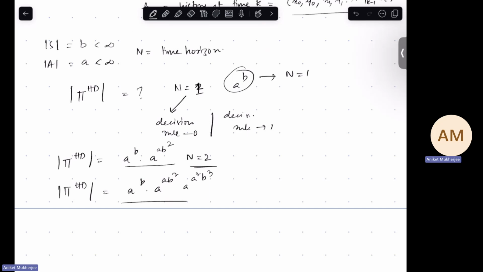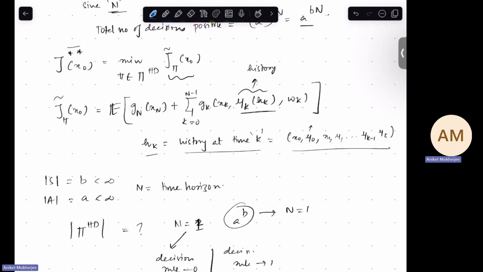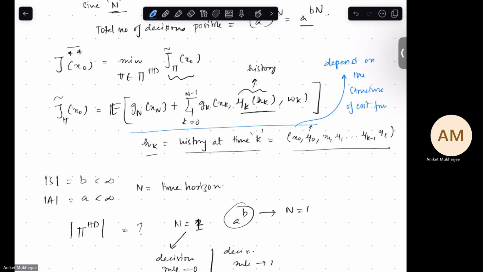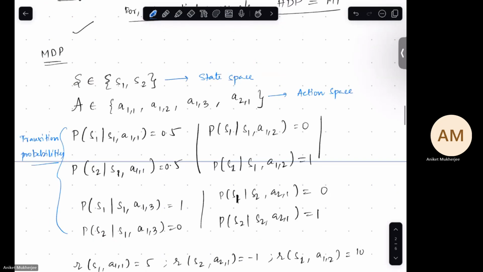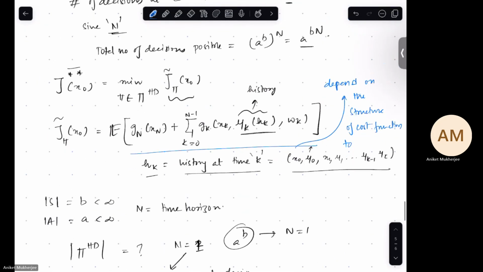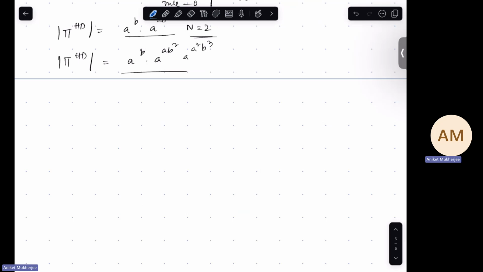So what we do is we depend on the structure of the cost function to come up with an algorithm to give us the optimal policy.